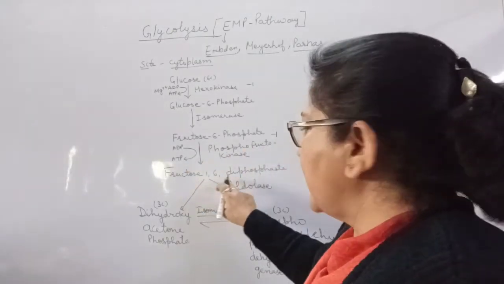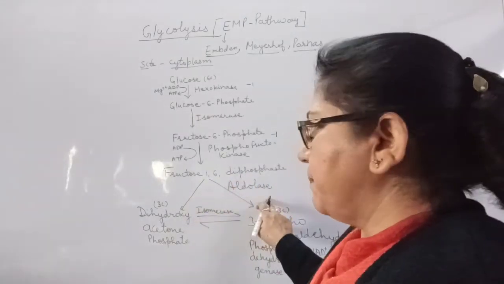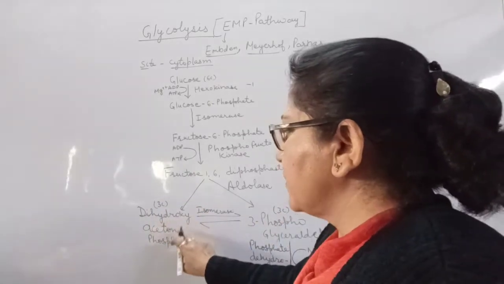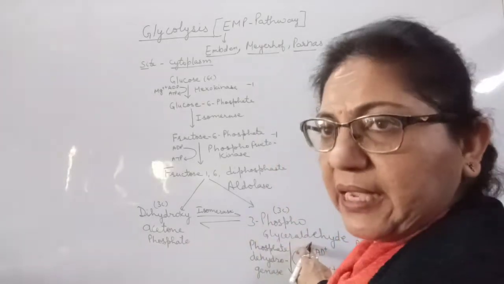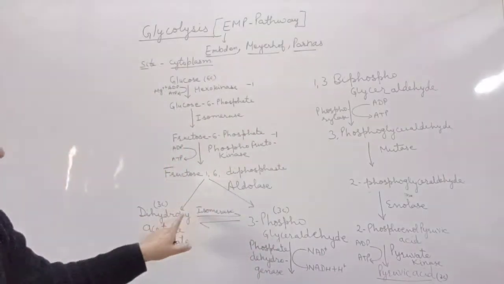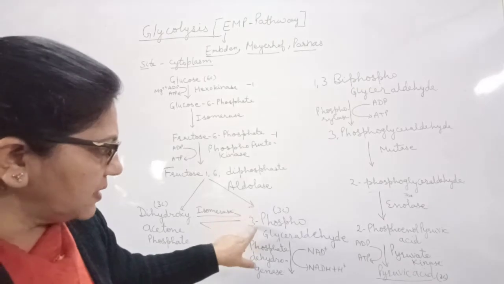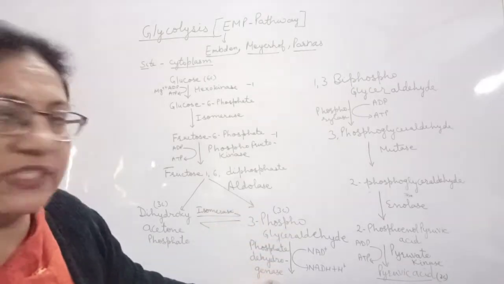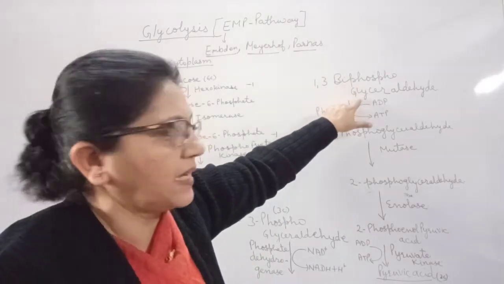Now fructose 1,6-bisphosphate is converted into two compounds, 3-carbon and 3-carbon, that is dihydroxyacetone phosphate and 3-phosphoglyceraldehyde. These two are interconvertible. This 3-phosphoglyceraldehyde will undergo dehydrogenation and form 1,3-bisphosphoglyceraldehyde.